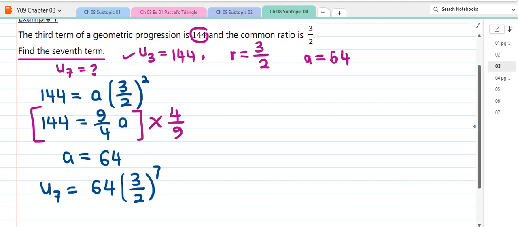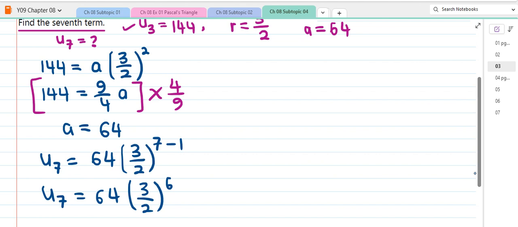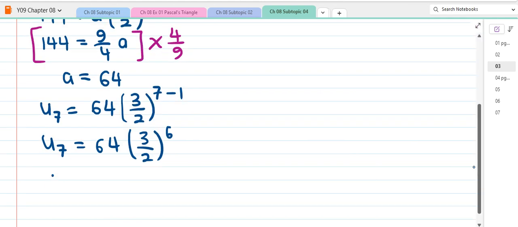So n minus 1 is 7 minus 1, a direct calculation of 64 times (3 over 2) to the power of 6. If we use our calculator, 64 bracket 3 over 2 close the bracket, to the power of 6, you will get 729. So therefore, the seventh term is 729.